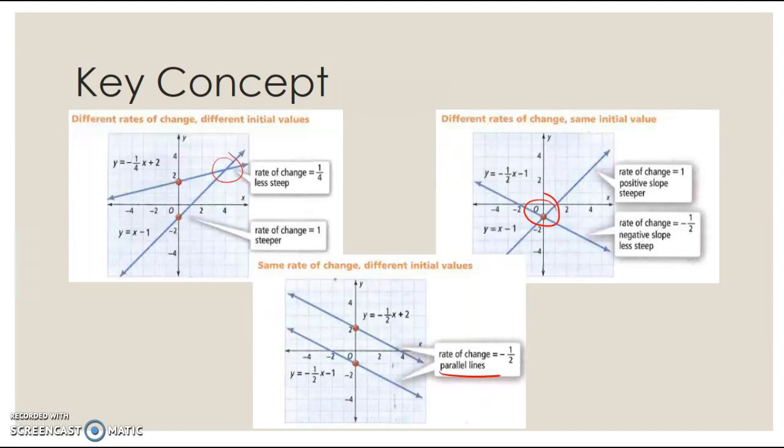And so this was just images to help you see, like if we have different rates of change with different initial values, you would have your intersection somewhere else in the graph. If you have different rates of change with the same initial value, it's at the initial value. And if you have the same rate of change with different initial values, then you have two lines that will never intersect. And so those are just things to keep in mind. And that is it for section 4.